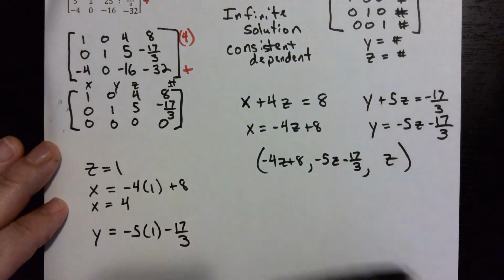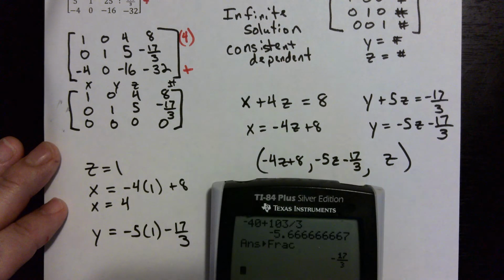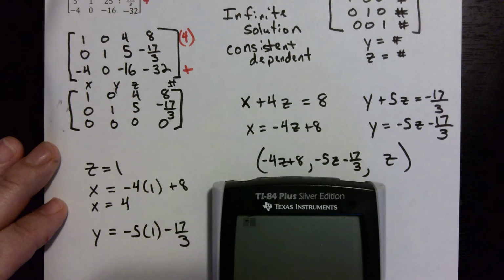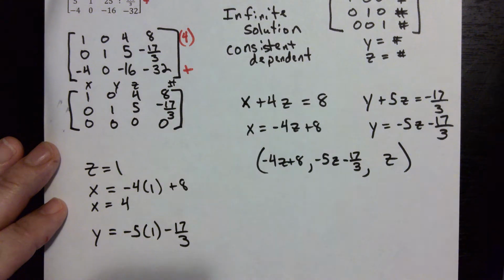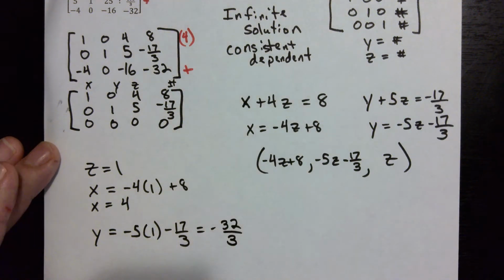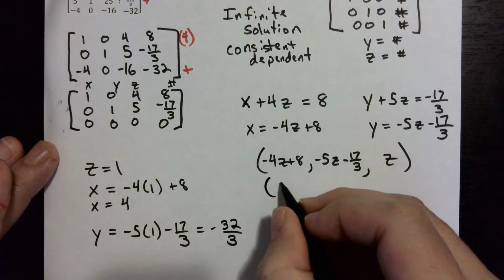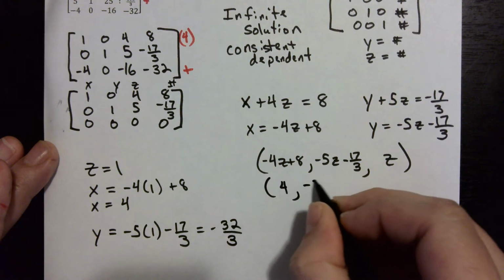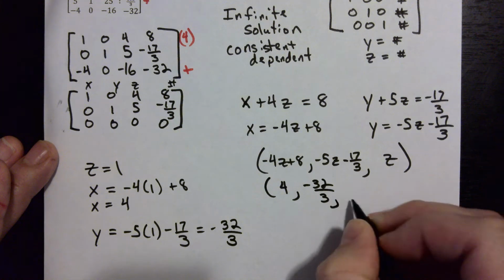Okay, so let's plug that in to the calculator. We get negative 5 minus 17 over 3. Okay, so that's negative 32 over 3. Okay, so one solution of this is 4, comma, negative 32 over 3, comma, 1.